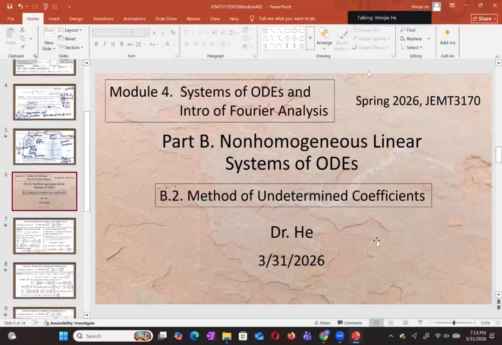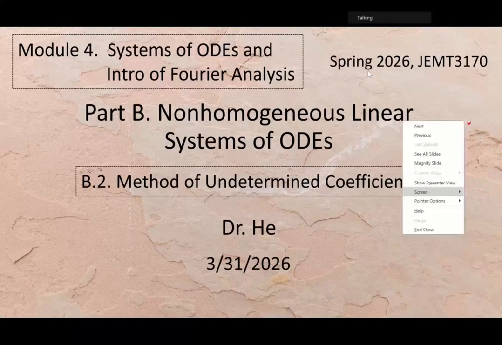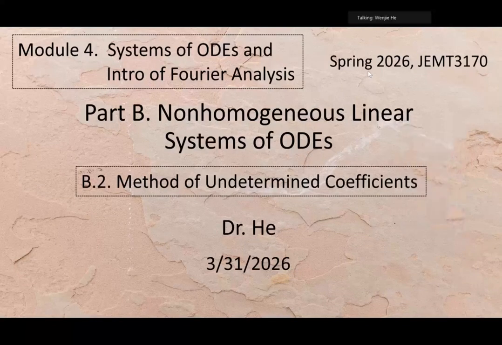Let me start the slideshow. So now, actually this topic, the remaining 2 topics for part B, most of the knowledge we have learned before, but we need to put things together.